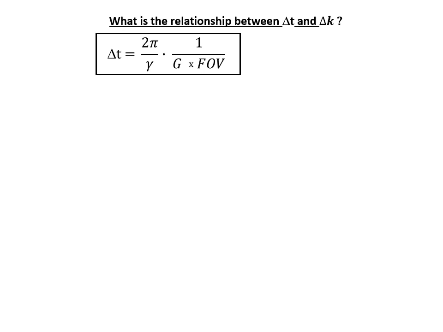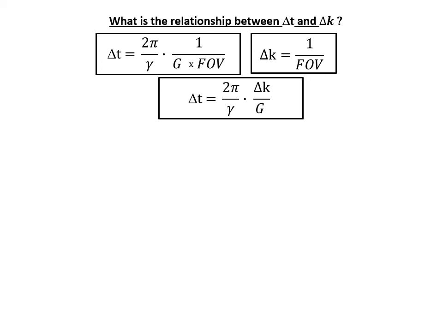What is the relationship between sampling time and delta K? Well, we saw two slides previously that the sampling interval is equal to a constant multiplied by 1 over the gradient strength times the field of view. In the previous slide, we saw that delta K is equal to 1 over the field of view.